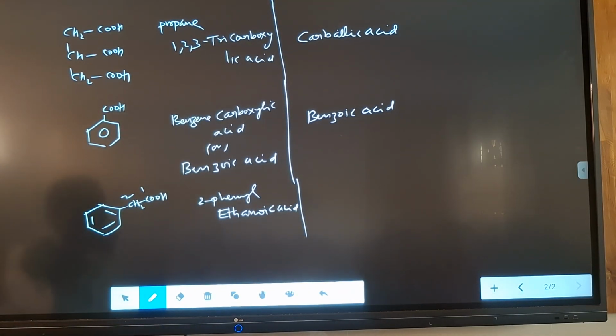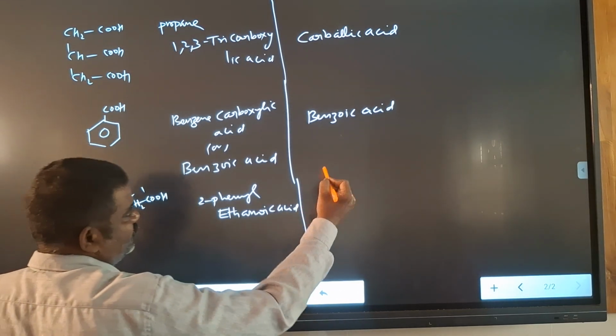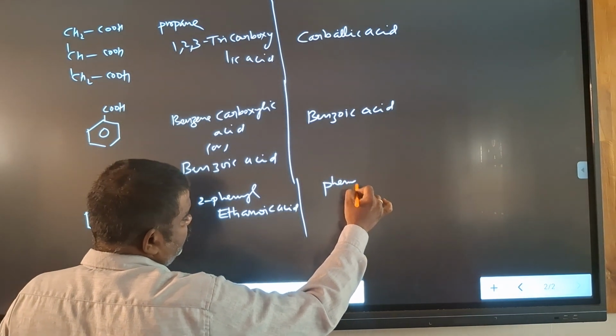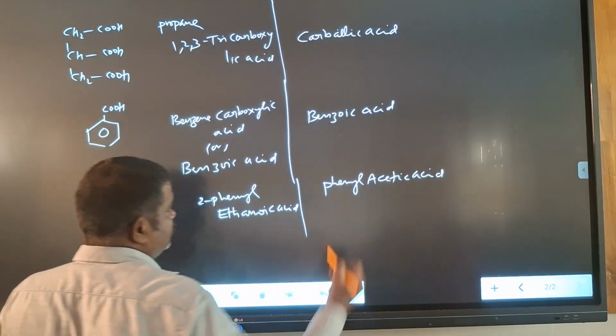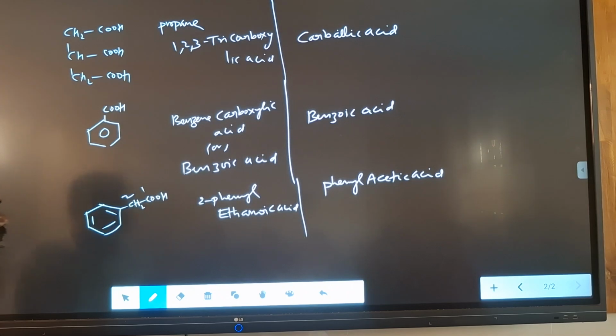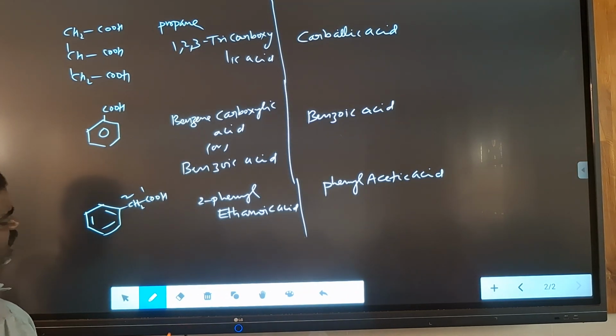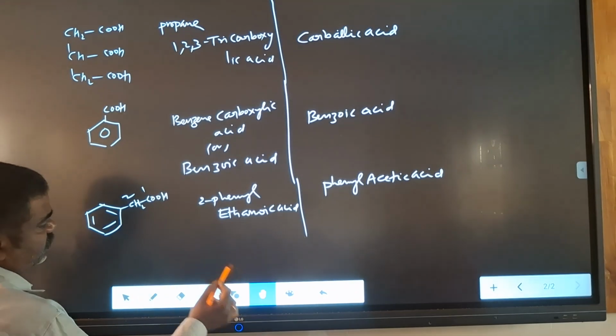What is the common name? Phenyl acetic acid. The common name is phenyl acetic acid.